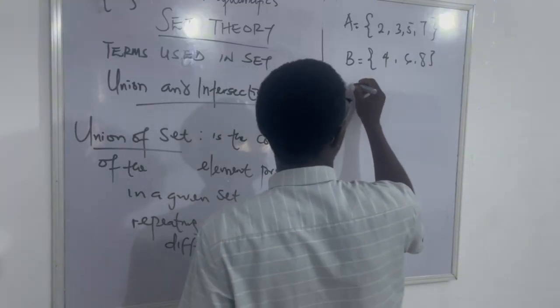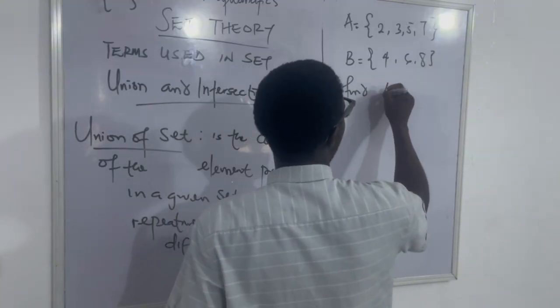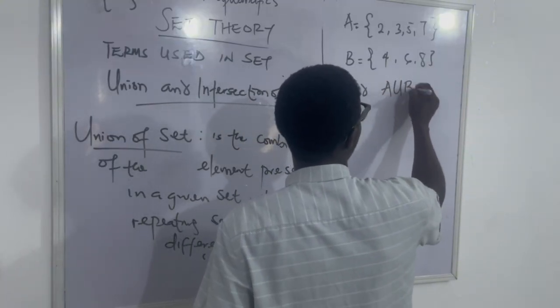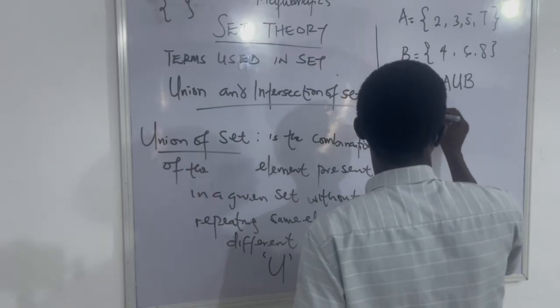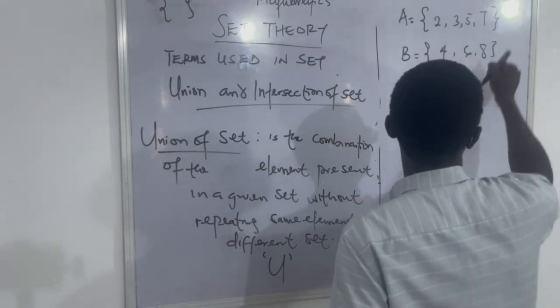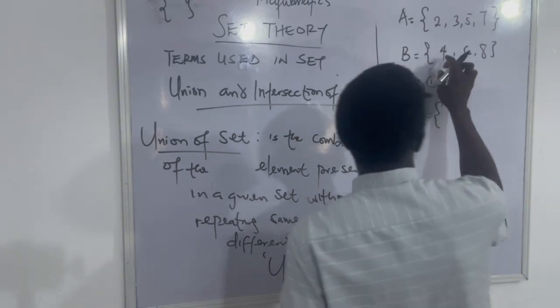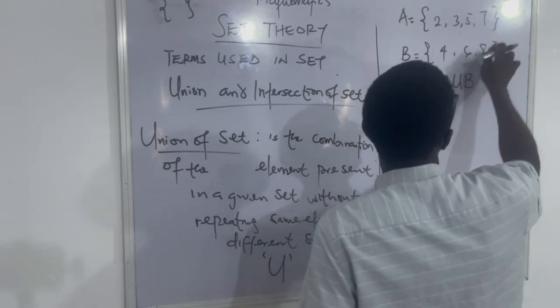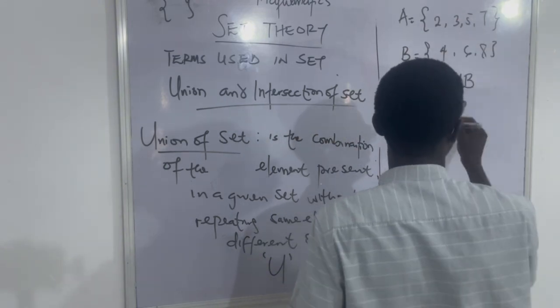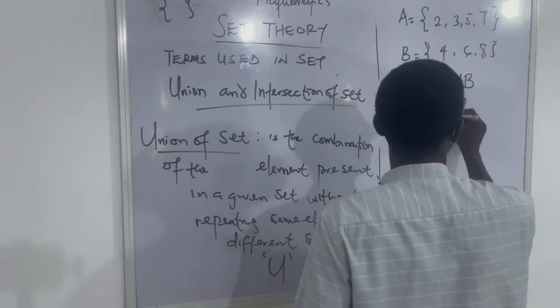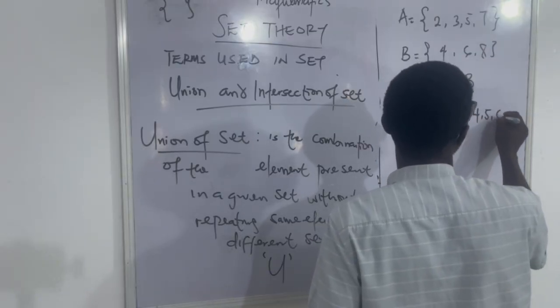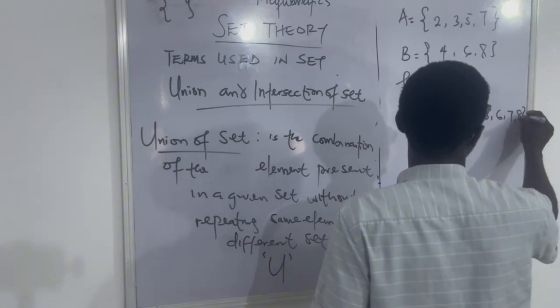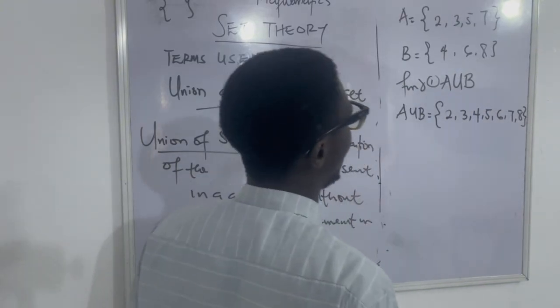Then they said find A union B. A union B would be what? Bring them together. There is no check. Is there any repeated elements? No. Then bring them together. That's 2, 3, 4, 5, 6, 7, 8. So that's what? A union B.